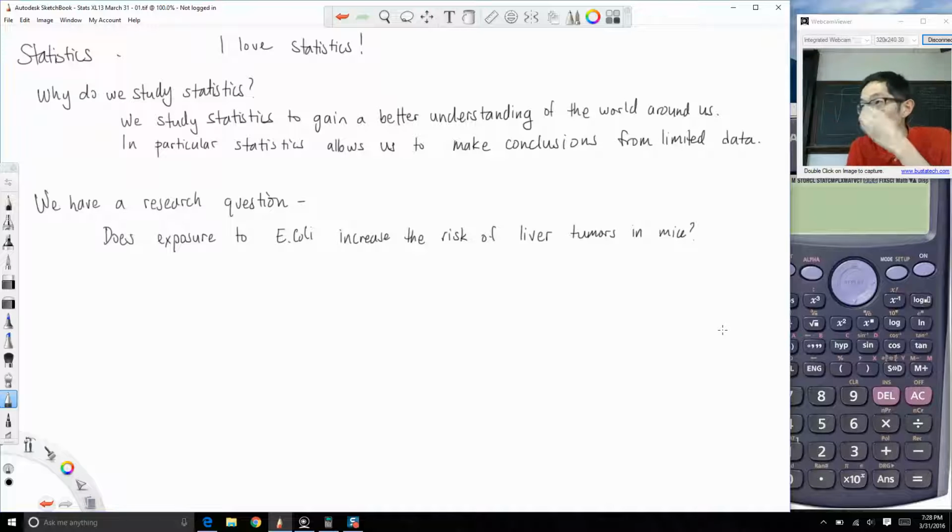To answer this question, the only way we can know this for sure is if we fully understand the mechanisms behind how E. coli affect the body and how all of these different things work. And probably, without a great deal of study, we probably won't ever fully know all of the mechanisms going on inside a complex organism.